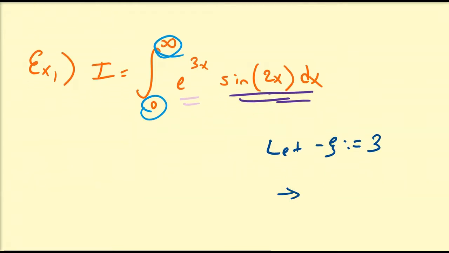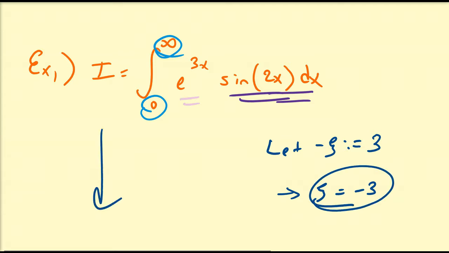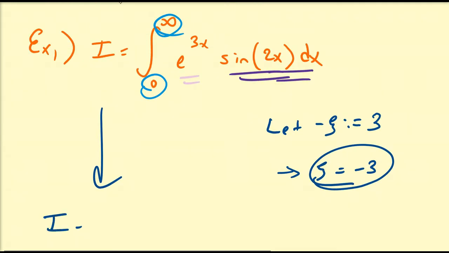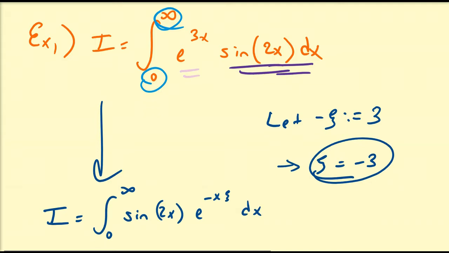So if that is the case, that means psi is going to be equal to minus 3. So if that is the case, then we can rewrite this integral that we have in a very nice form. So that means I is equal to the integral from 0 to infinity of sine of 2x times e to the minus x psi dx.